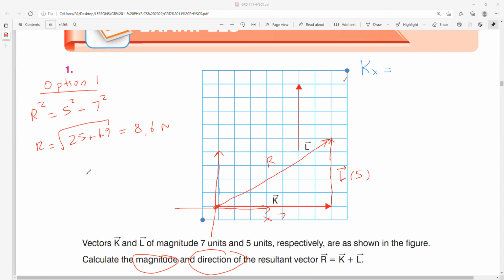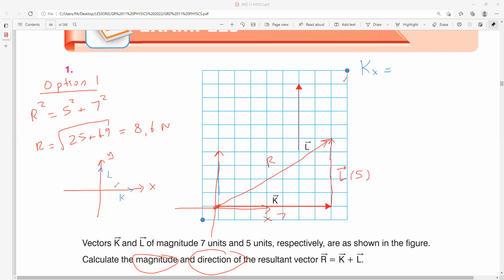First of all, people, maybe we can draw it here. If you want to draw on the y and x axis, this is your first vector. K is here, and then L is on that side.